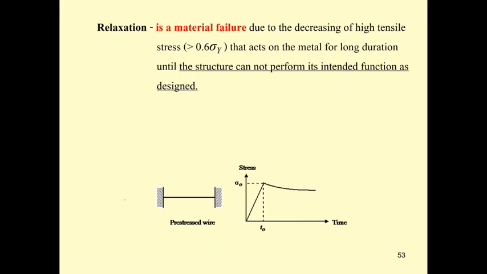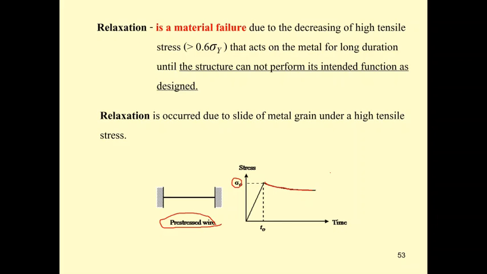That means when you put the pre-stressed wire under stress sigma sub naught for some time, the stress inside it is going to be reduced. That reduction is due to the movement of the grains of the steel.